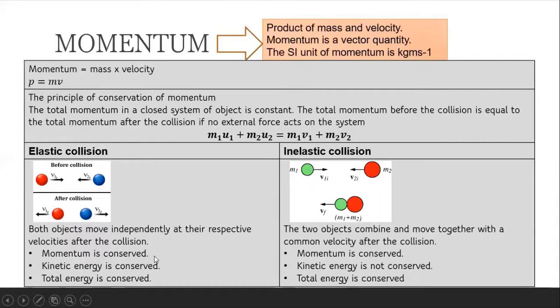So momentum is conserved, kinetic energy is conserved and total energy is conserved. For inelastic, the two objects combine and move together with a common velocity. That means when two objects with different velocities crash, they then move together with only one velocity.